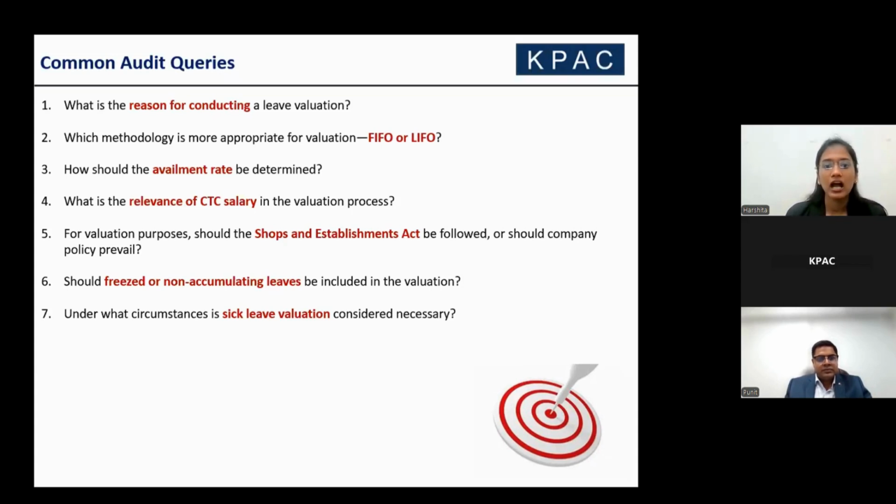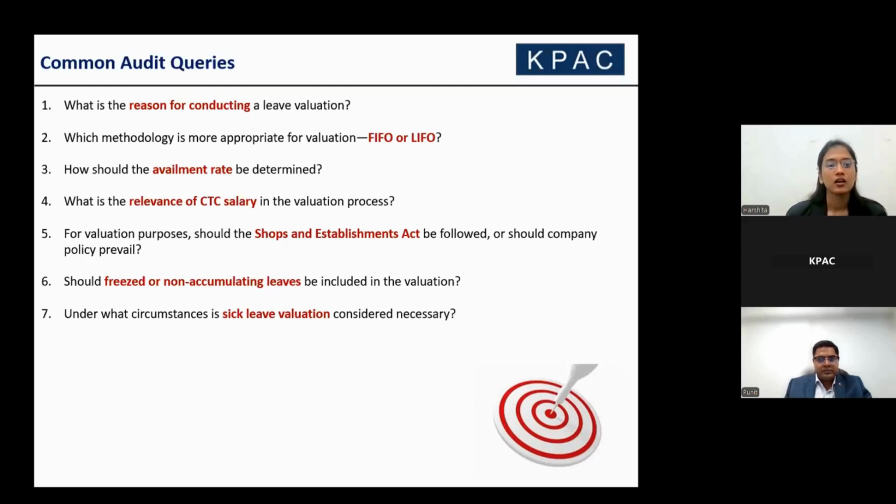Third question, how should the availment rate be determined? Typically, it's based on historical data and projected future utilization patterns, which gets adjusted for any known changes in the policy or employee behavior.